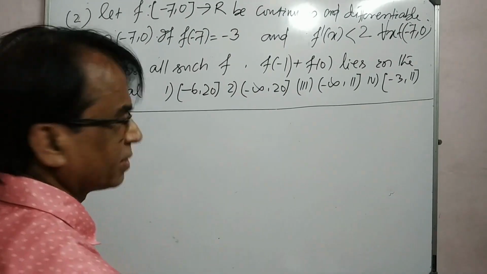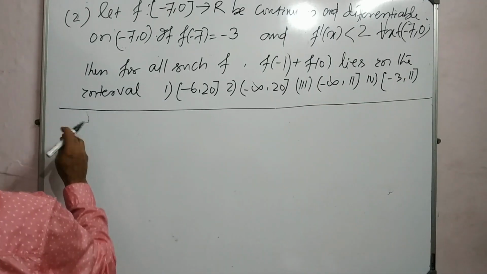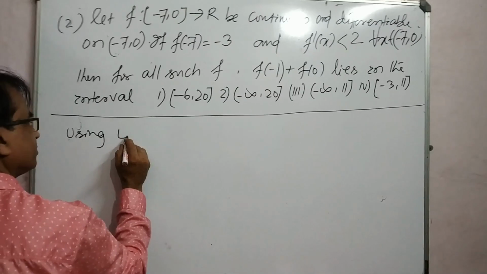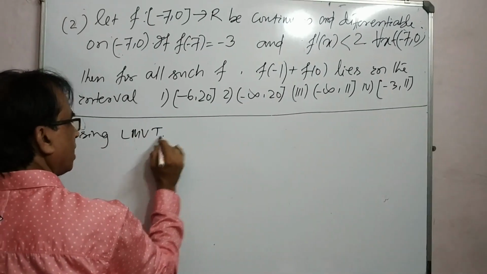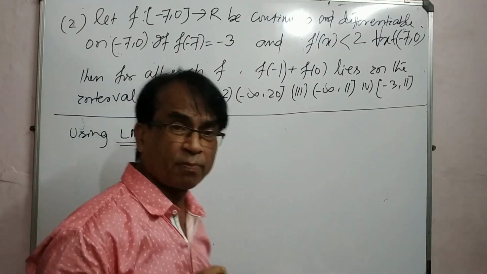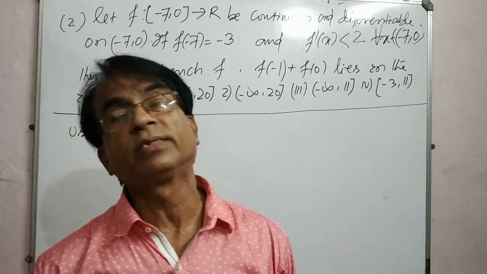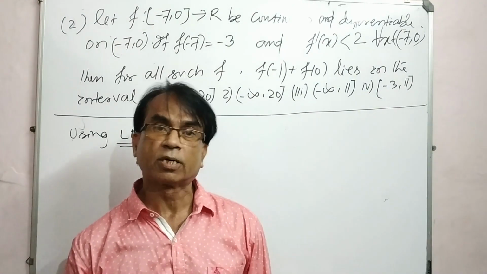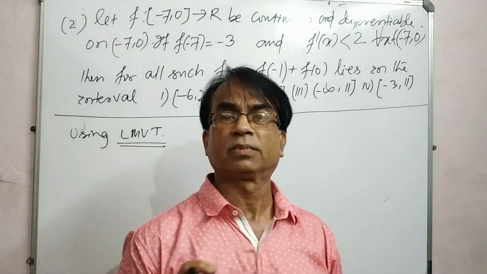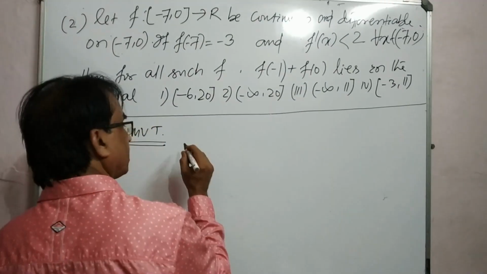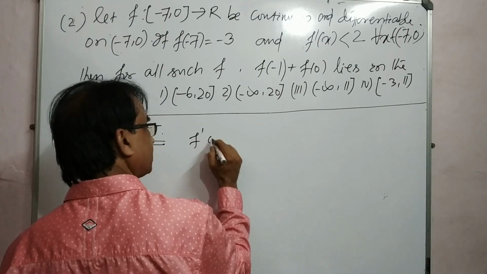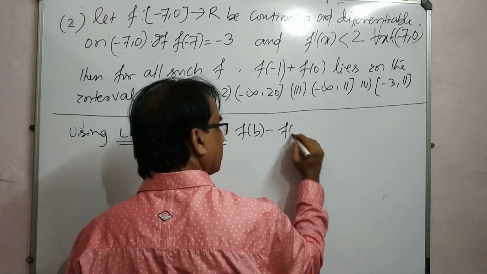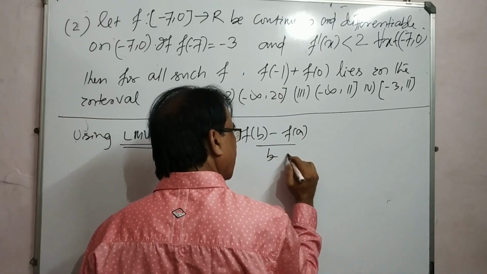Alright. Now coming to Lagrange's, using Lagrange's mean value theorem. If you recall, if a function is continuous in the closed interval and differentiable in the open interval, then there is a point c in the open interval such that f dash c is equal to f b minus f a by b minus a.